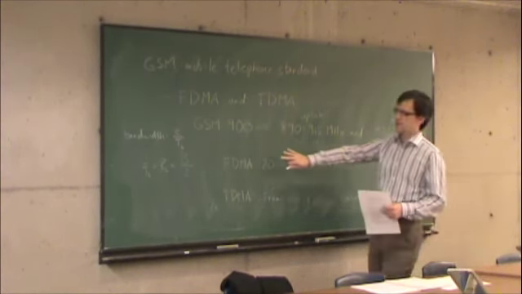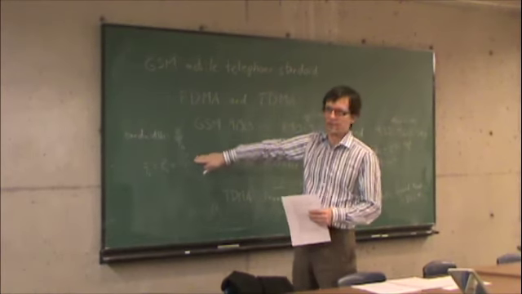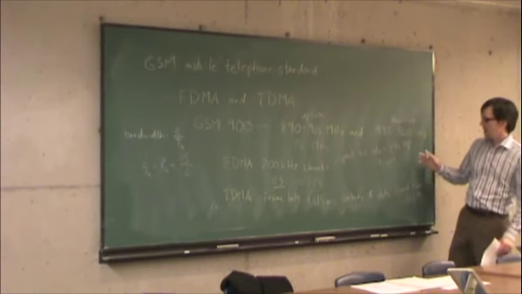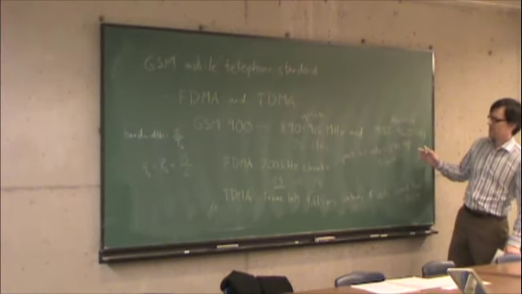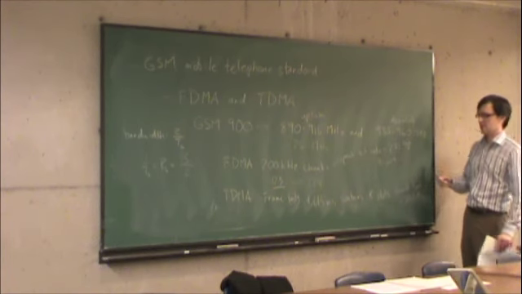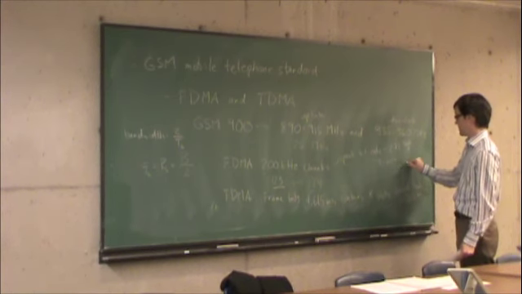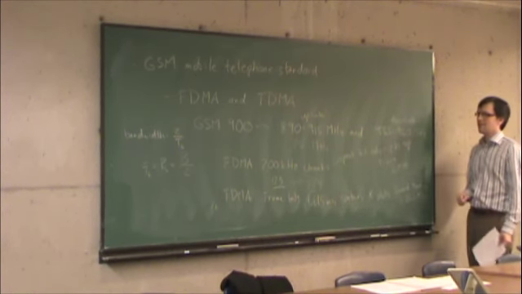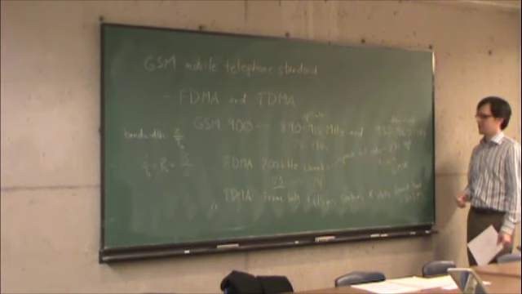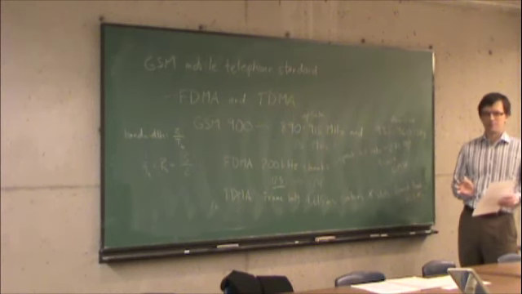This is not a hard and fast, scientific rule, just a little rule of thumb that I'm using. Where they squeeze out the extra is using a clever modulation scheme that we won't talk about called GMSK. I won't even get into it, but it's cleverly arranged so as to compact the bandwidth as much as possible.